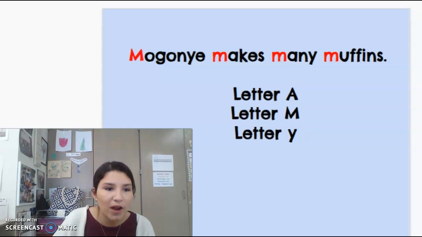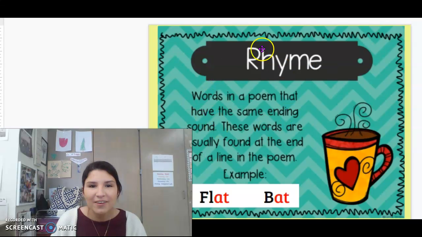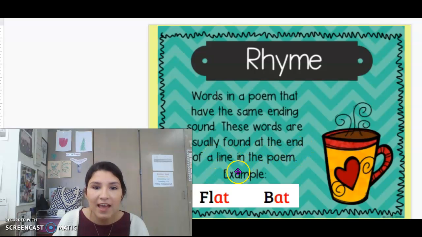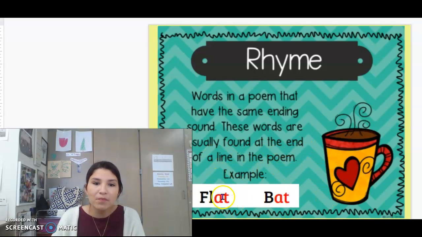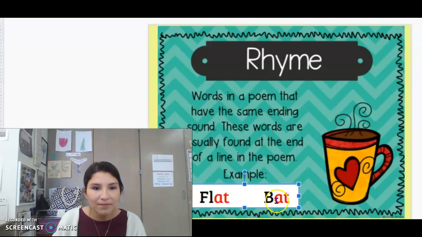Okay, so rhyme. Let's go ahead and talk about rhyme now. Rhyme: words in a poem that have the same ending sound. Same ending sound, right? These words are usually found at the end of a line in the poem. For example, flat, bat. Do these rhyme? Yes, they do, don't they? Flat and bat both have the same sound at the end, which is at.